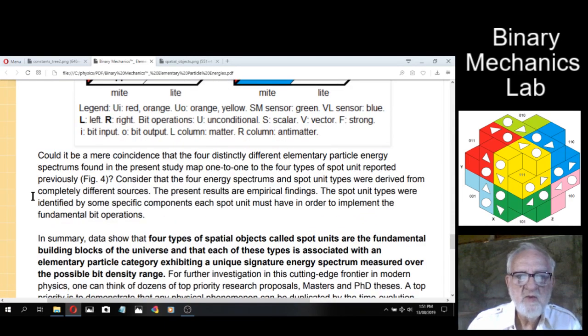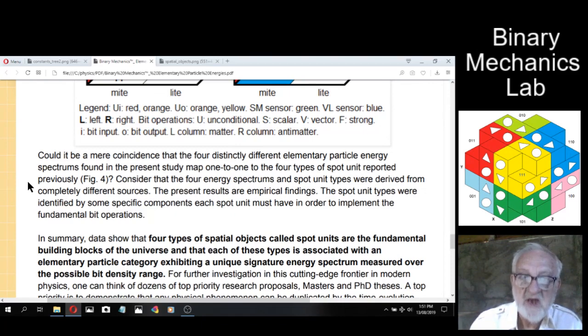Could it be a mere coincidence that the 4 distinctly different elementary particle energy spectrums found in the present study map one-to-one to the 4 types of spot unit reported previously? Consider that the 4 energy spectrums and the spot unit types were derived from completely different sources. The present results are empirical findings running the simulator.